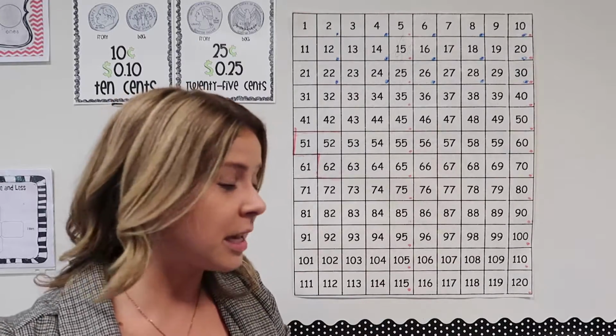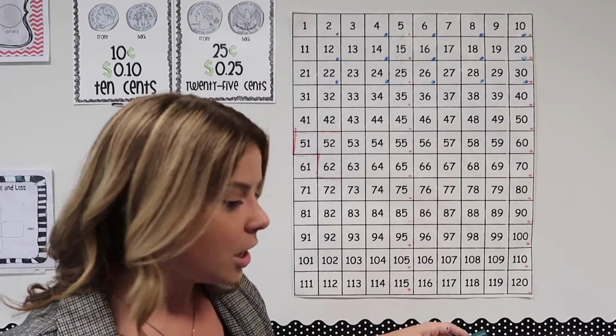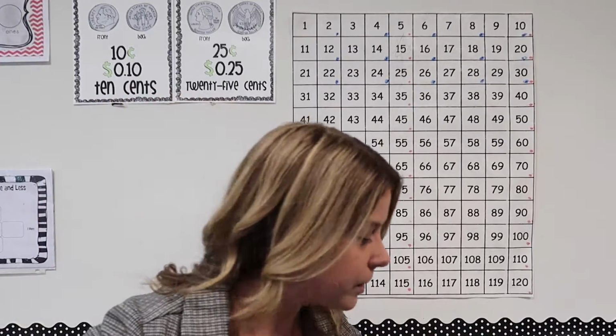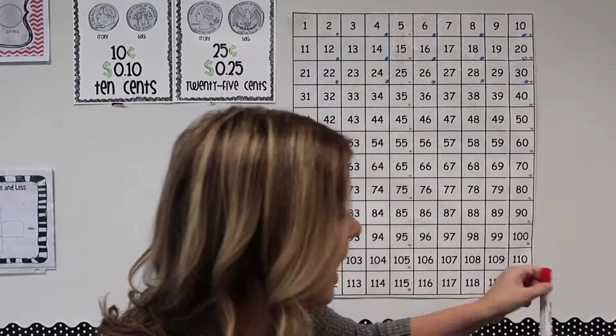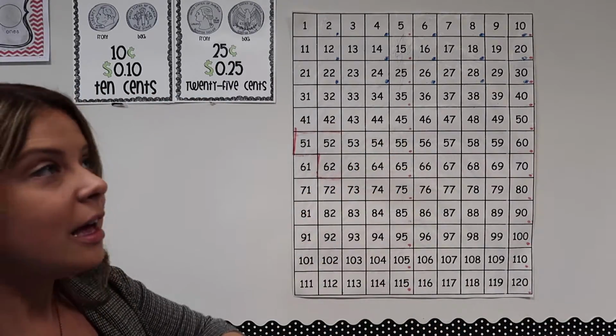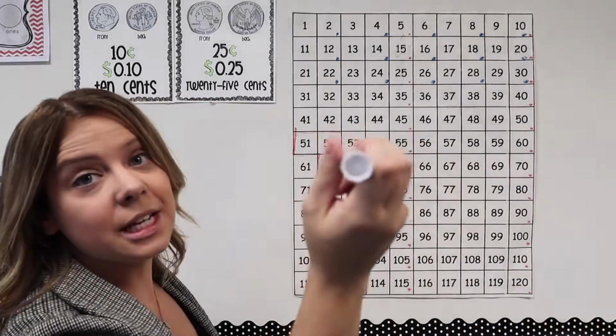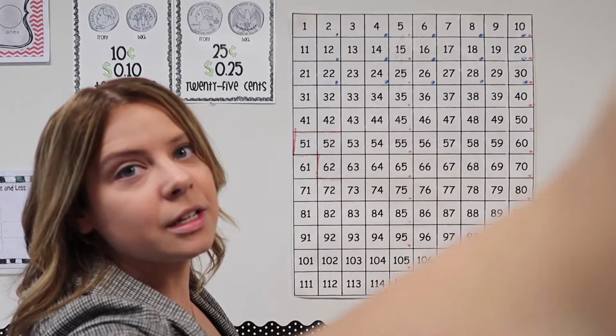We can count by fives, we can count by tens, and later on in the year we're going to learn how to count by twos. I've already marked these off, but I wanted to show you that you can use it to help you remember how to count by fives.